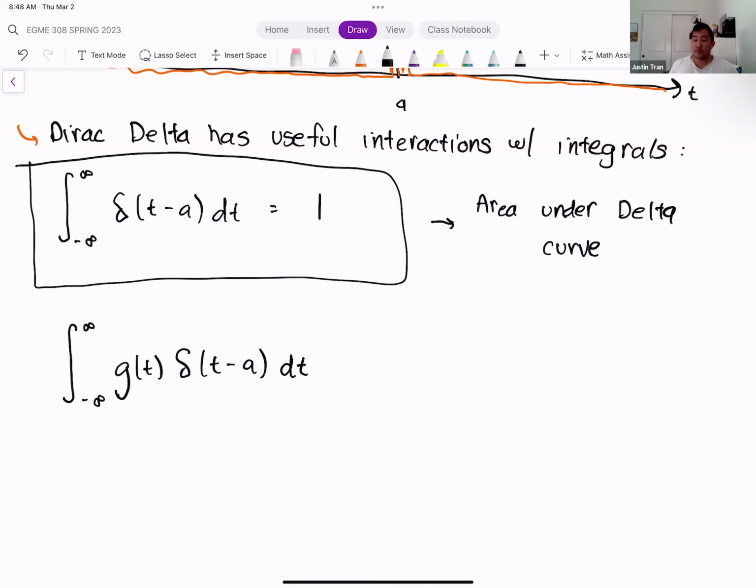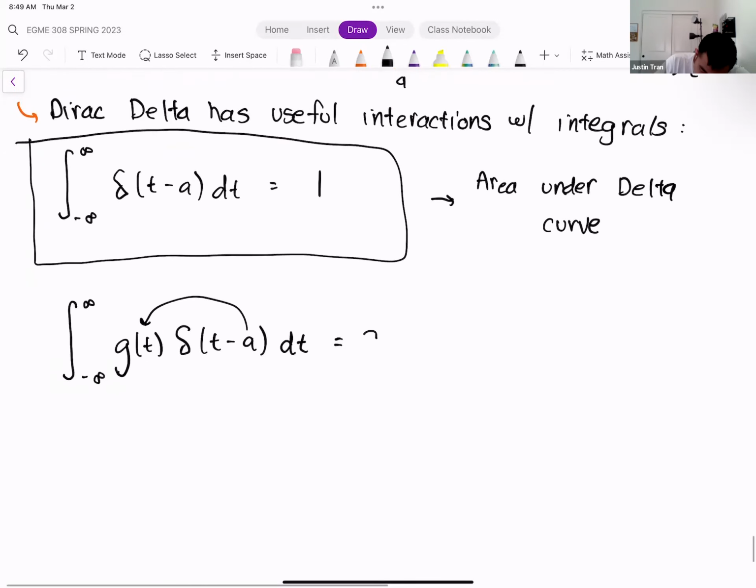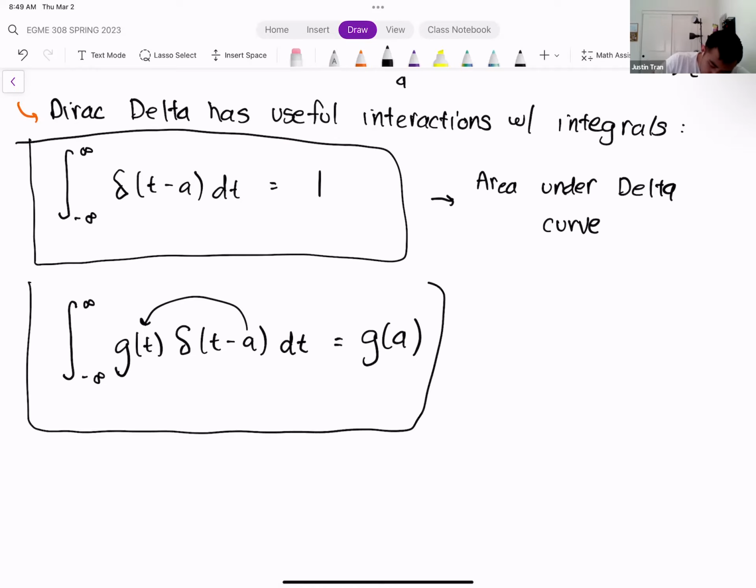If you integrate g of t multiplied by the Dirac delta of t minus a dt, you take a, the location of the pulse, and plug that into g of t. The result of this integral is g of a. This is called the sifting property.